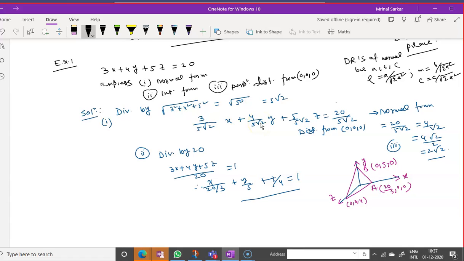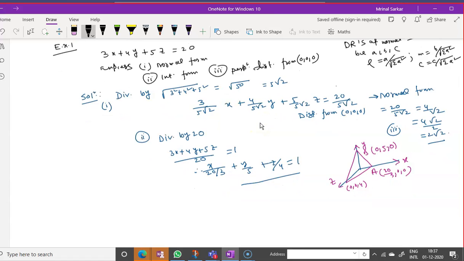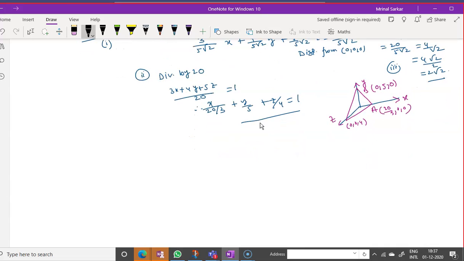Let us know other forms also. One point form. This is the equation of a plane passing through a given point, when the normal to the plane is given. The plane is situated anywhere, in this space.